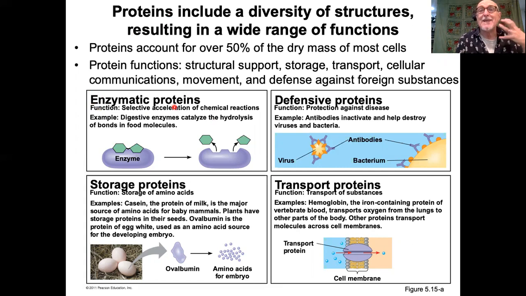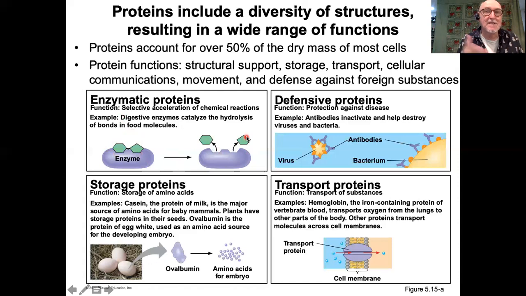So they selectively accelerate chemical reactions. The enzymes are extremely specific to the reactions that they cause. In fact, they are very specific to the substrates that they bind. Typically, for example, a catabolic reaction might take a disaccharide, as shown here, and break that disaccharide into its component monosaccharides.